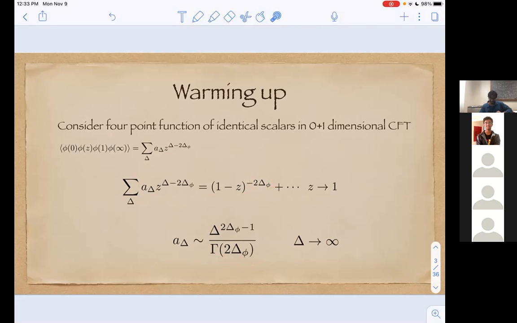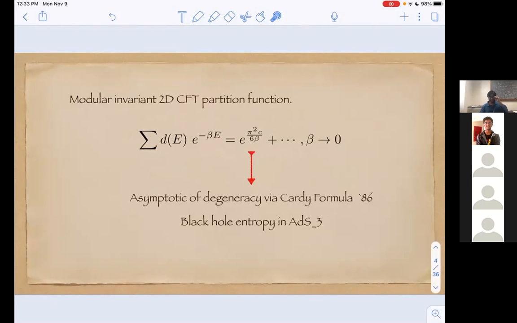And this result is valid only in the delta going to infinity limit. These are the kind of things we mean when we say we are extracting the high energy data using crossing kernels. So we can go ahead to our second known example, which is the famous Cardy formula.